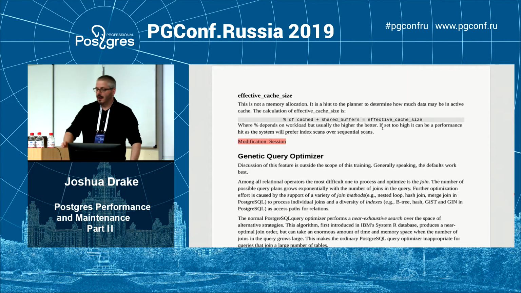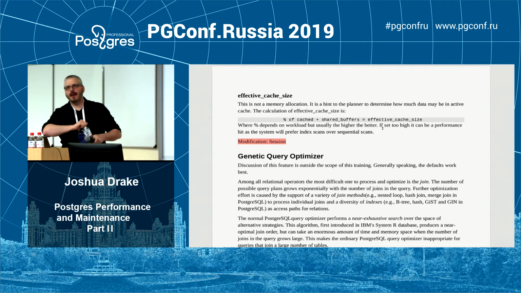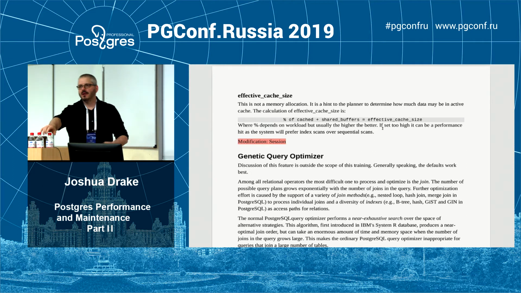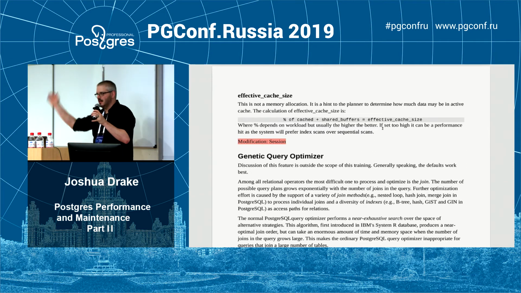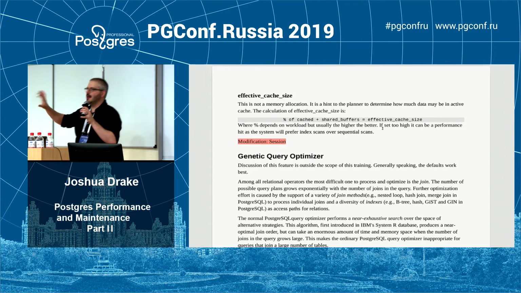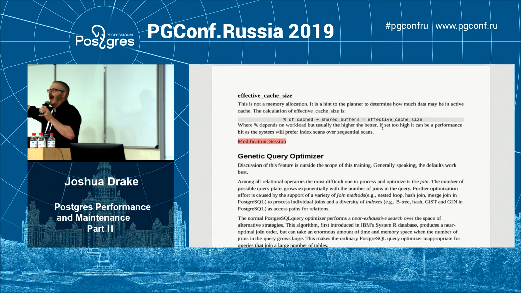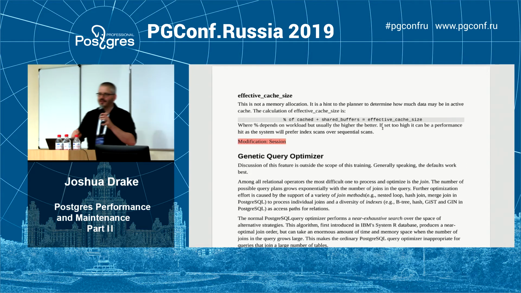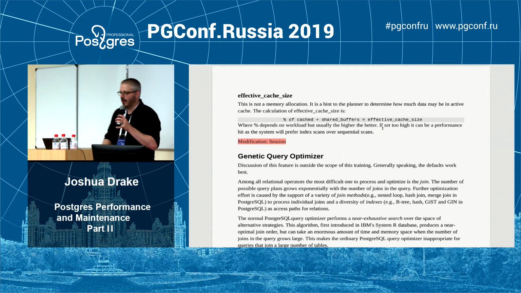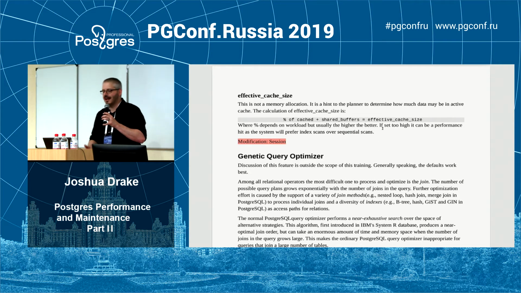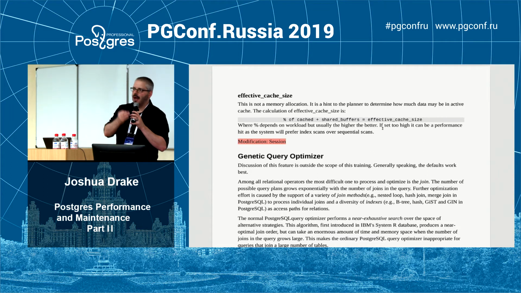All right. Effective cache size. This is one of the misunderstood settings. Effective cache size is not a memory allocation. If you set this to 16 gig, it is not 16 gig of data being set aside for some cache. Okay? This is a hint to the planner to determine how much data may be in active cache.